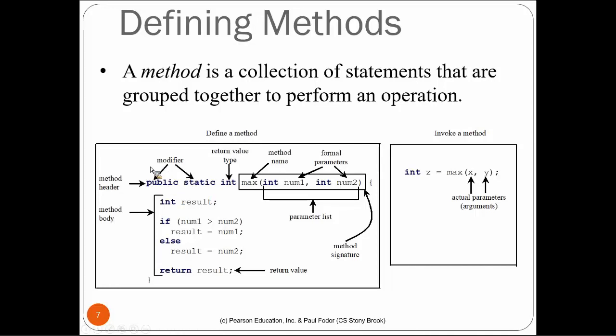The modifiers specify the visibility of the method. If this method is available to other methods in the same class but not to other classes, that would be a private method. Or if this method is public, public means that the method is available to all classes in all packages. And finally, static.